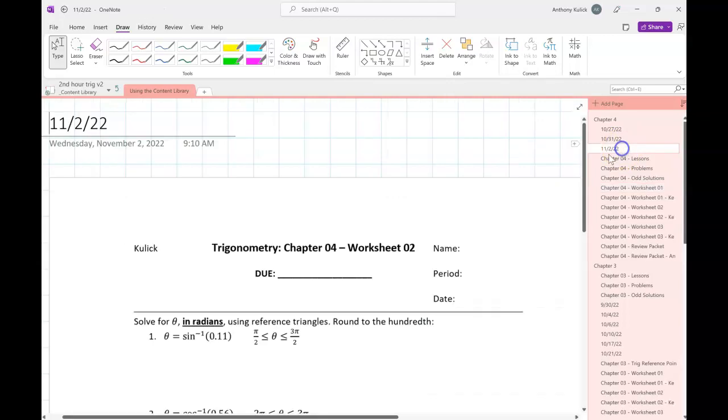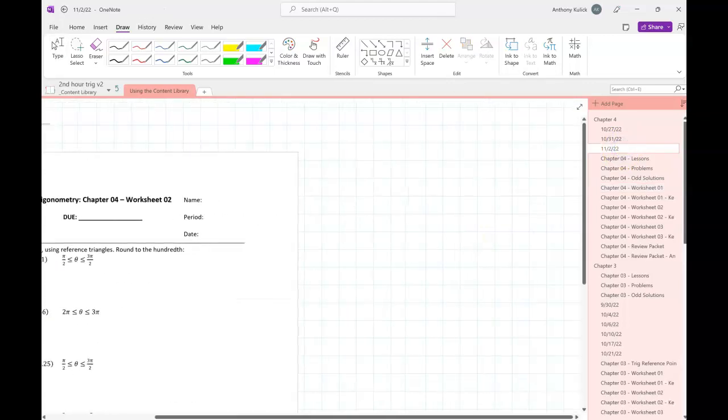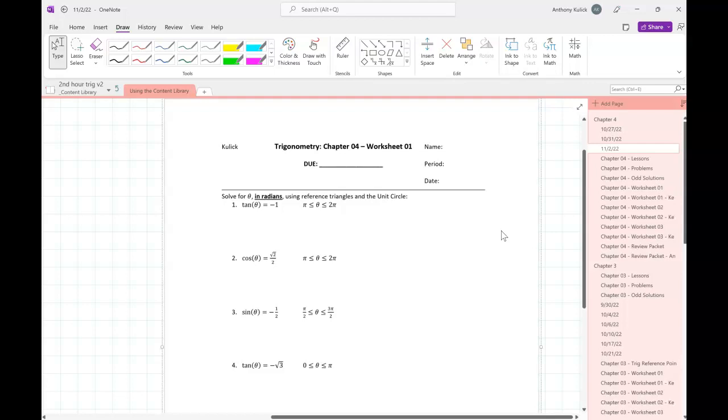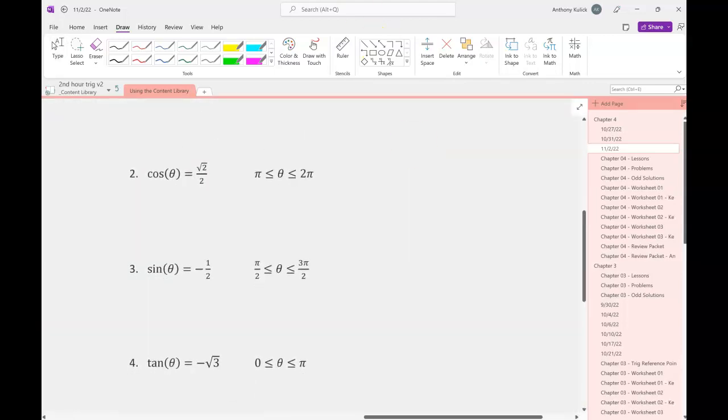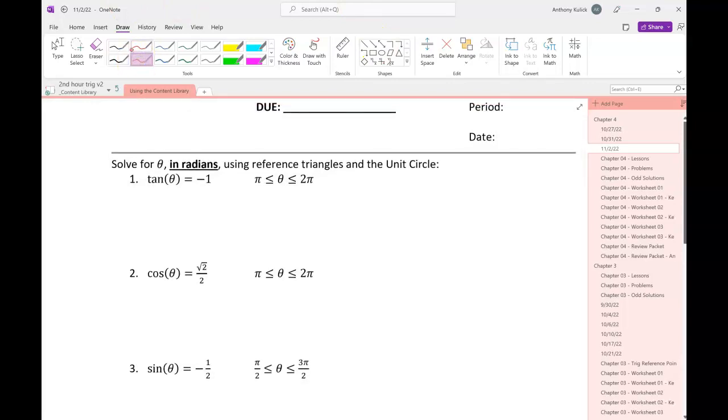Sure thing. There's no bad ones. All right. So cosine here is positive, right?